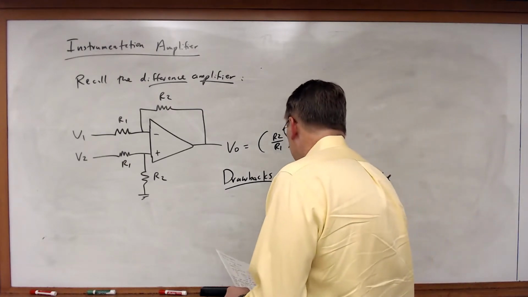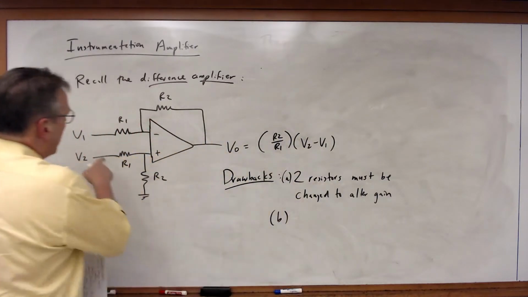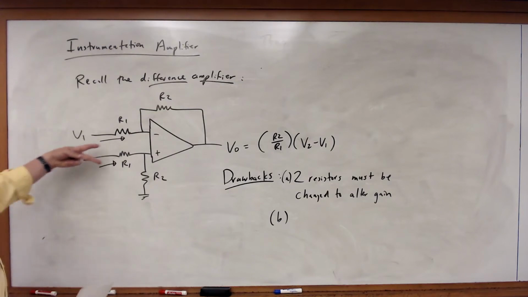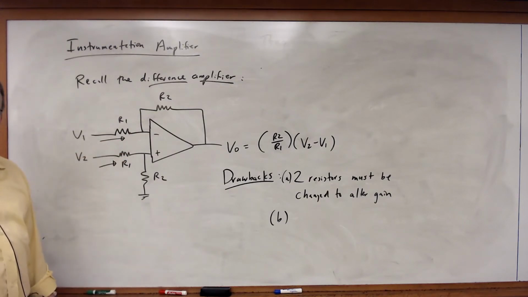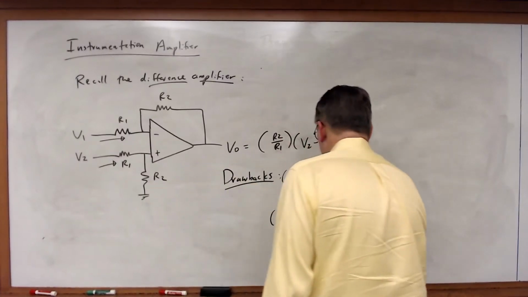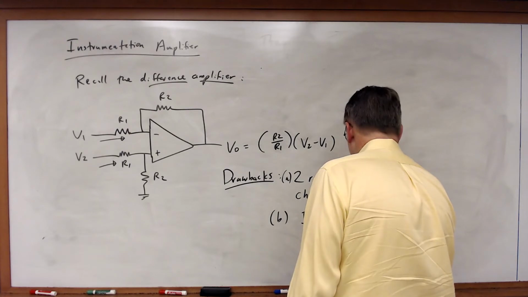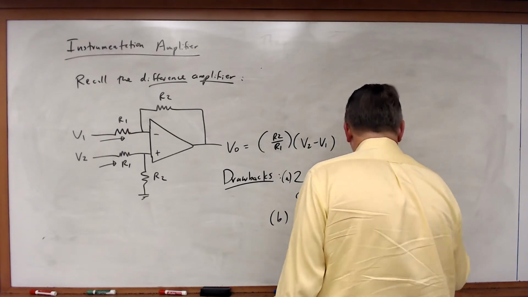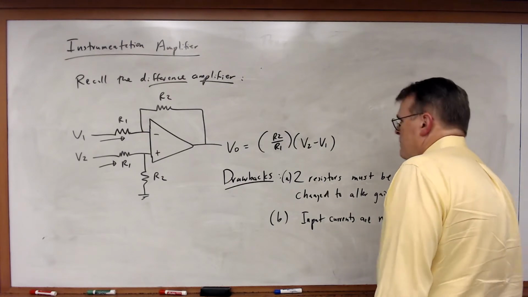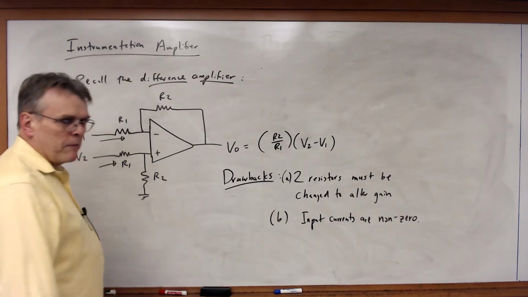There's another bigger problem as well. You've got non-zero input currents flowing into the input of this difference amplifier. Now, I'm not saying that the currents into the inputs of the op amp are non-zero.